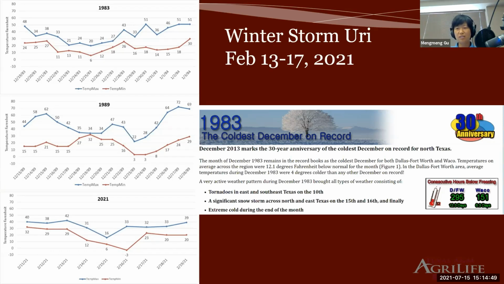I suspect it's the moisture from the ocean that's protecting Georgia from this. But this winter storm Uri really gave us a very good opportunity to look at what are cold hardy here in Texas.